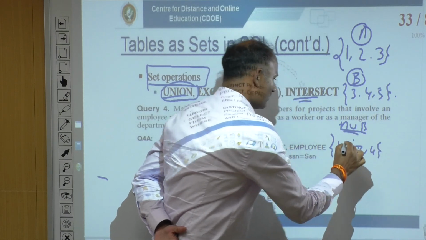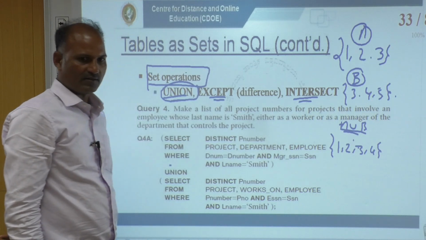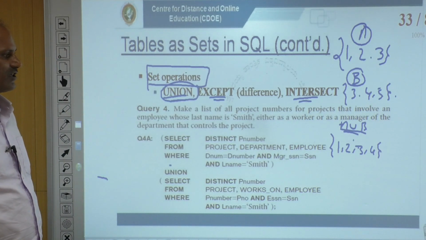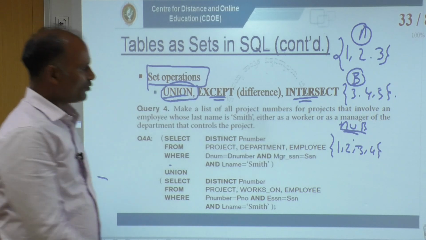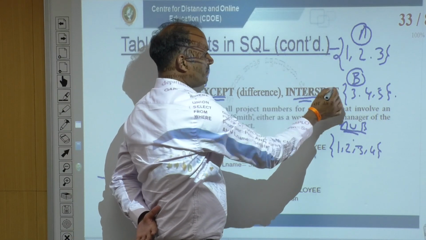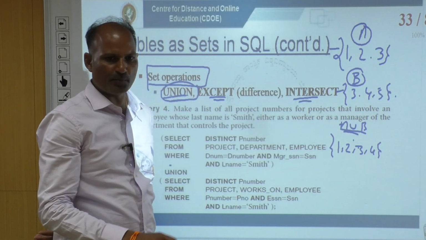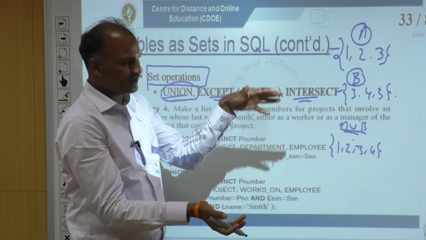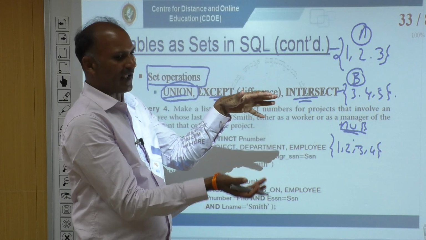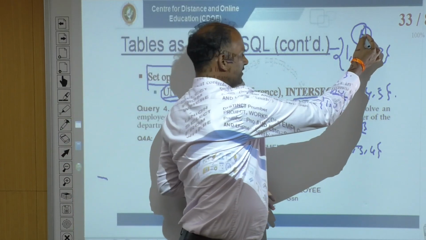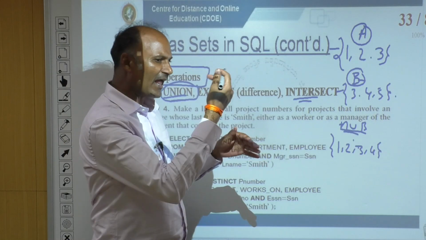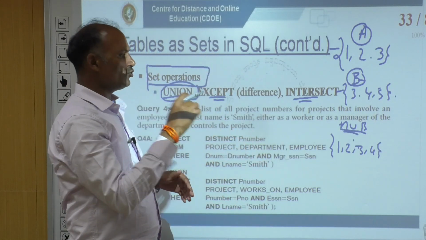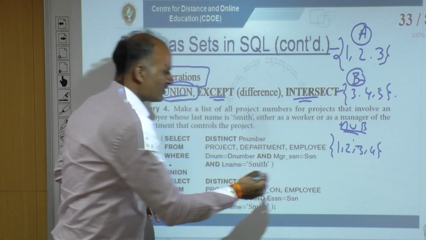The union means it is going to display the data from two sets, A and B, without duplicates. It combines the elements from set A and set B and eliminates the duplicate values. So, this is the output.